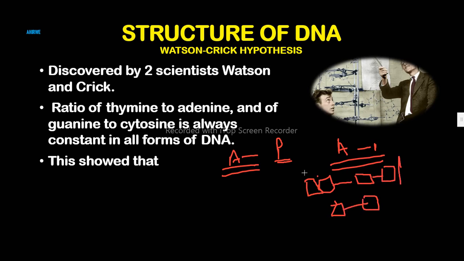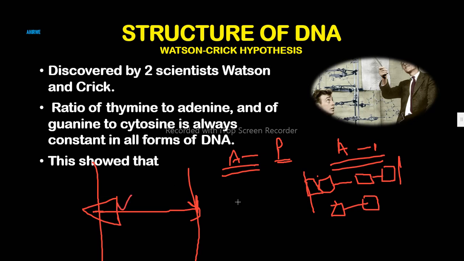This distance cannot be the same. But when they studied the structure of DNA, they showed that from one strand to another strand, this distance was always constant throughout the entire DNA. So because of this, they were able to support their base pairing rule.